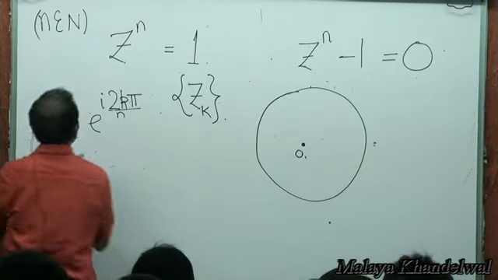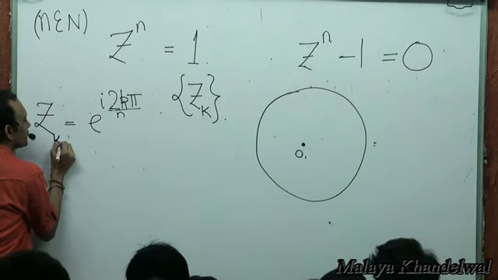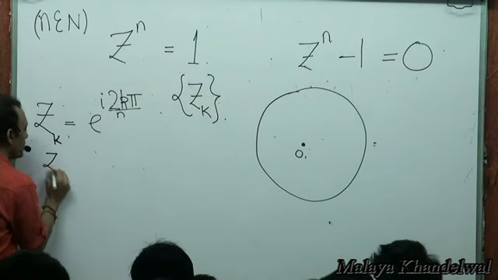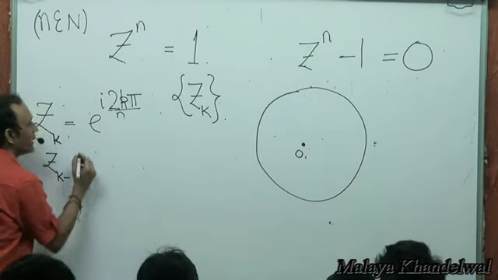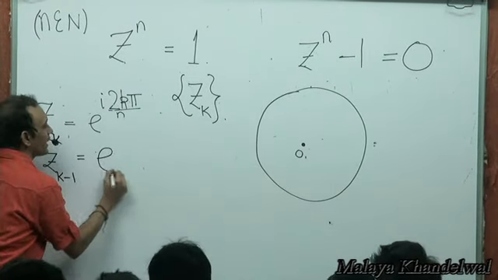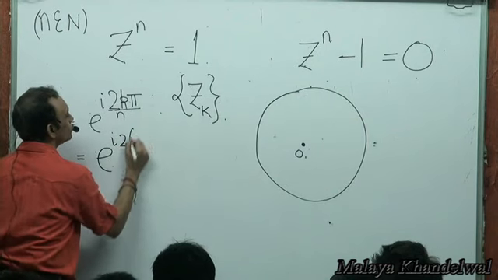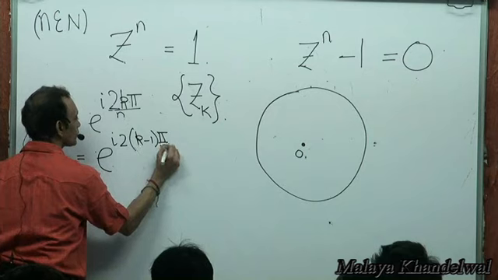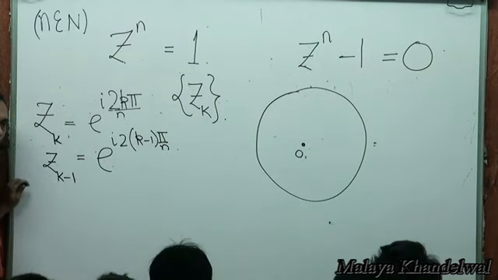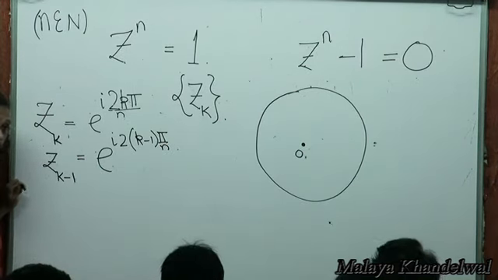Now, if zk is this for a certain k, then the member just before this is going to be zk minus 1. Right? That's going to be e power i (k minus 1) into pi by n. Yes or no?